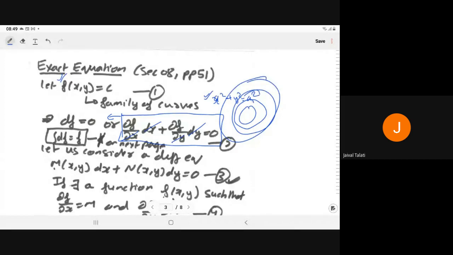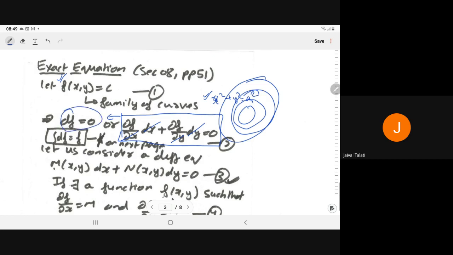Generally, the readily integrable form is not given to you. Just to explain, I am giving you here the equation of the form del f by del x into dx plus del f by del y into dy is equal to 0. So how will you recognize that this will become df is equal to 0, or f is equal to c?